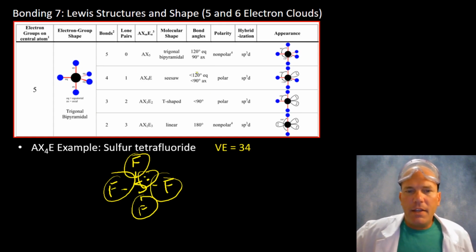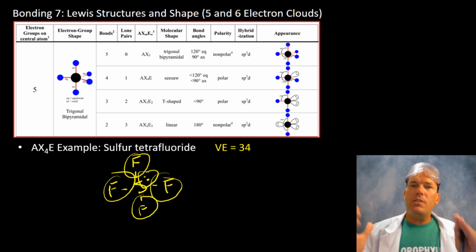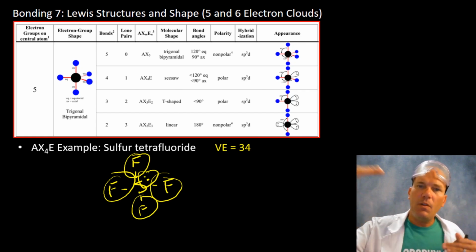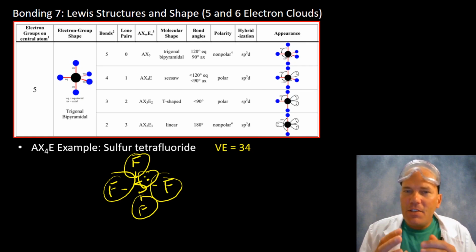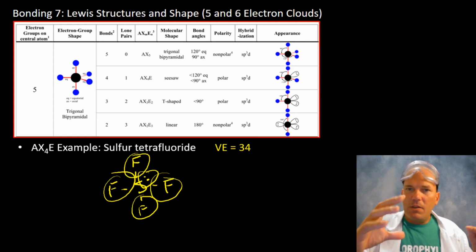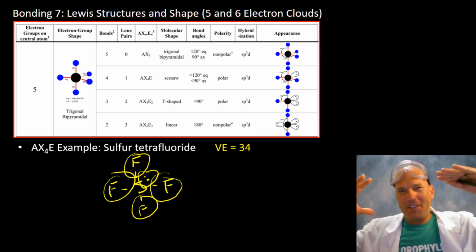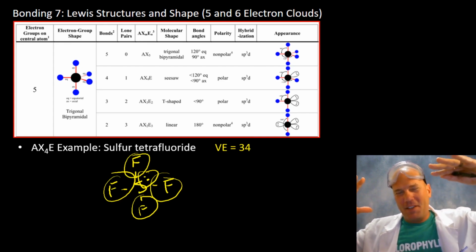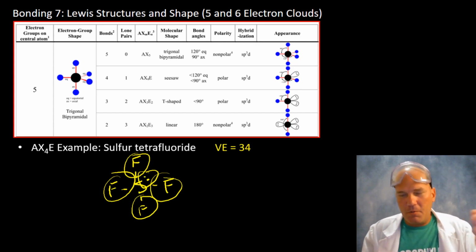All right, and again, you can see its axial and equatorial angles are less than what we saw in the trigonal bipyramidal. That should make sense because that lone pair, which is able to move around a little bit more, is exerting some electrostatic forces that are basically decreasing the angles due to electron-electron repulsion.